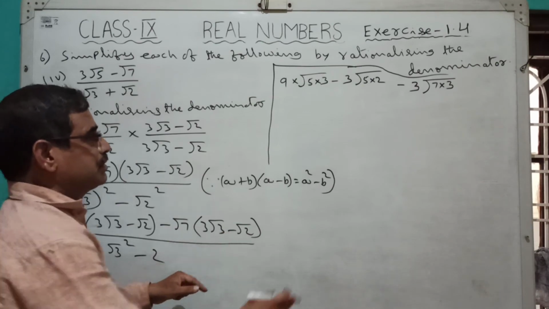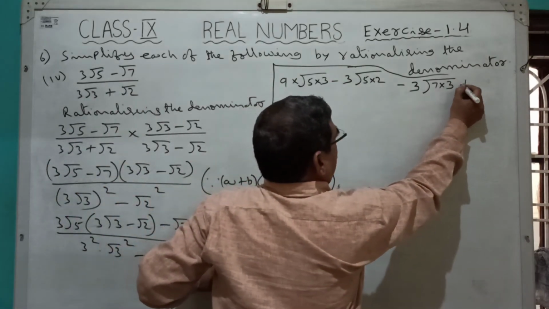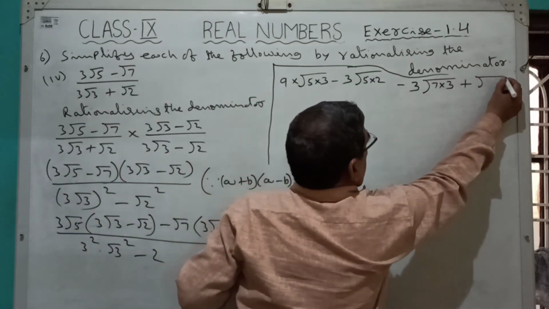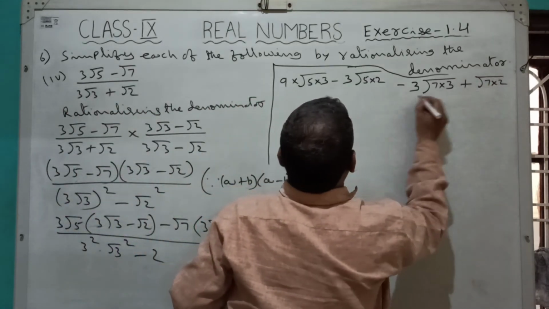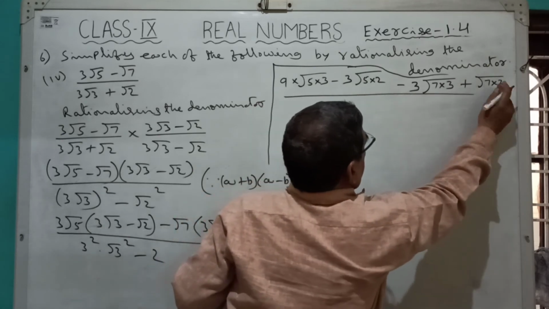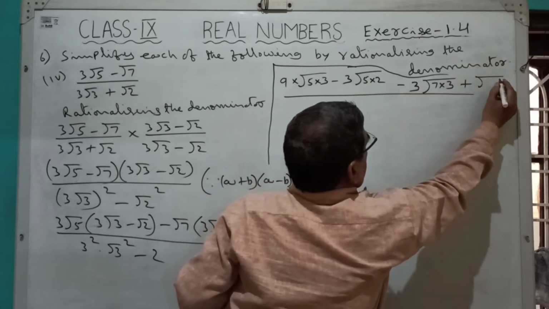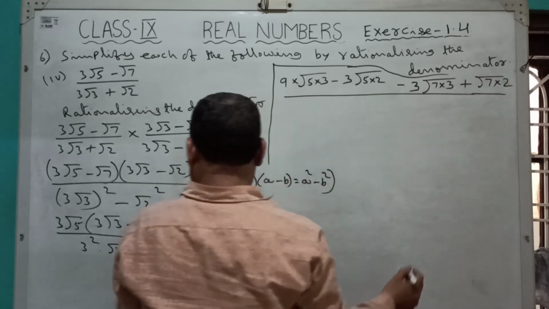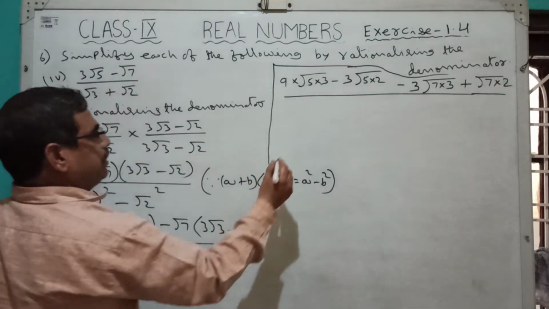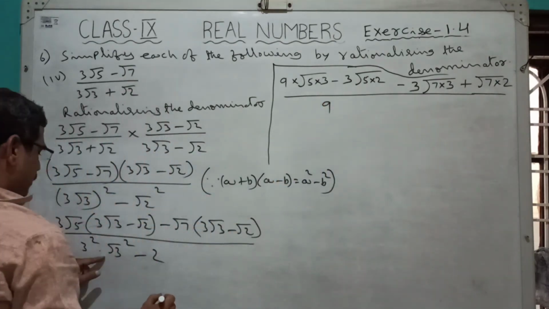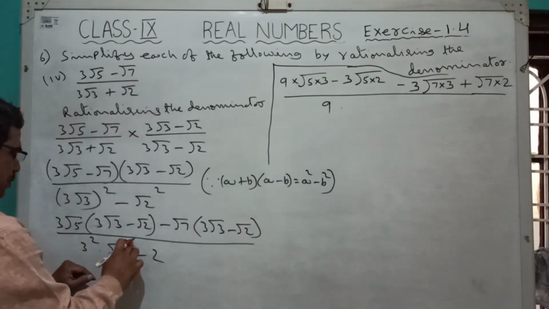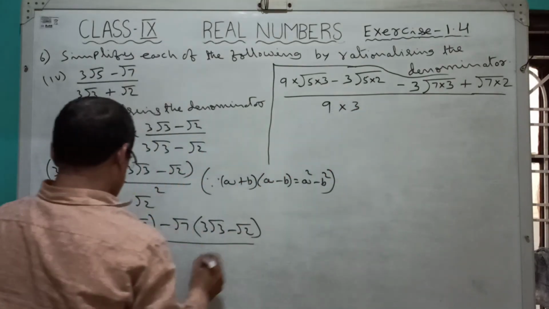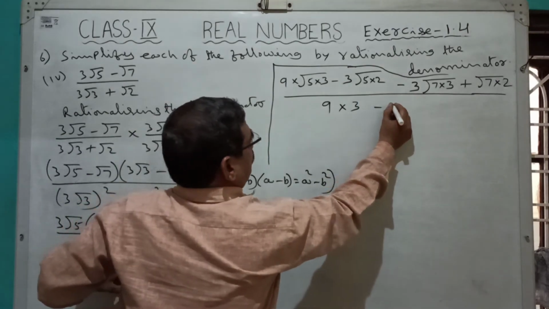Minus into minus, plus, will become root 7 into root 2, so root of 7 into 2, by 3 square means 9 into, the square root will get cancelled, 3 will be there, minus 2.